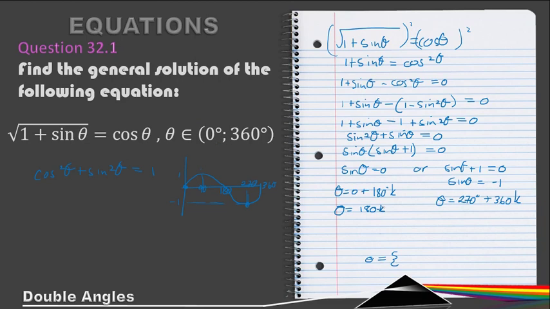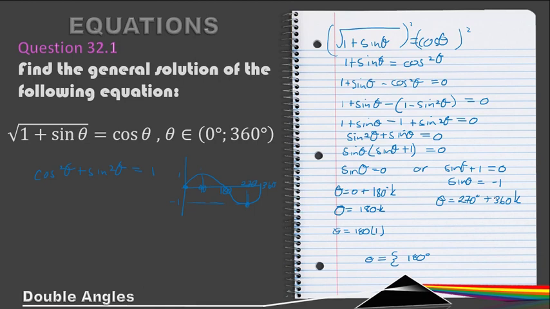If I put 1 for k, I get 180, which does fall between these two values, so 180 is one of my solutions. If I put 2 instead of k, I get 360, but 360 is excluded, so that's not a solution.